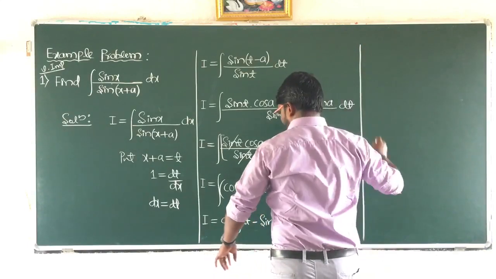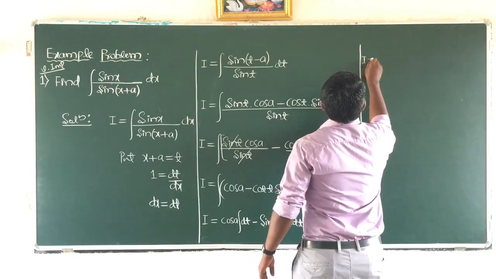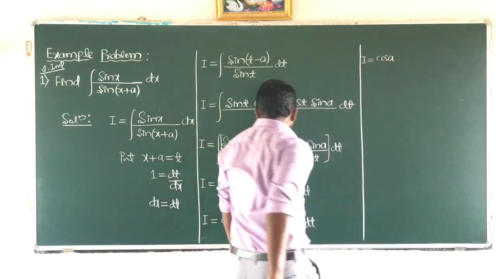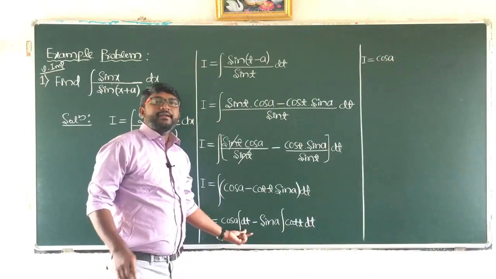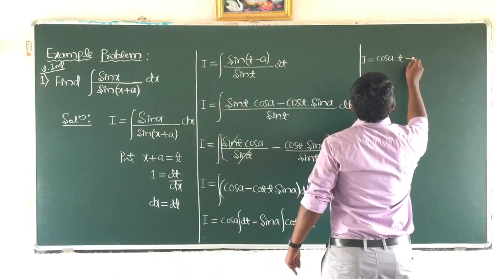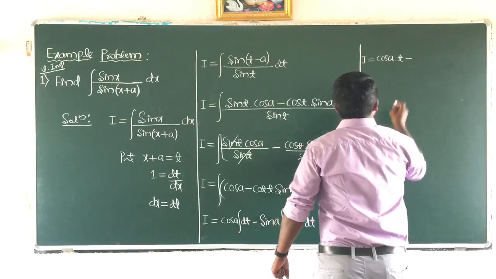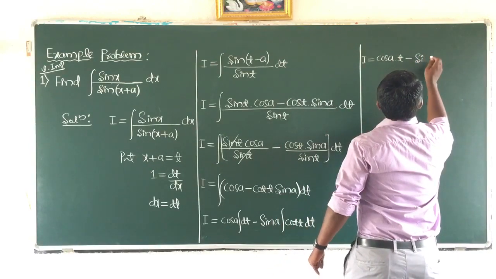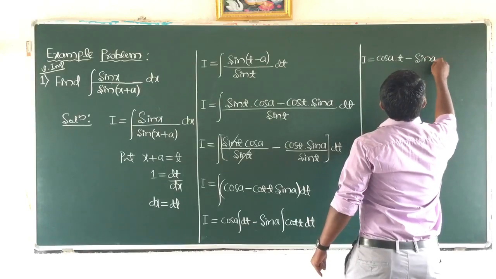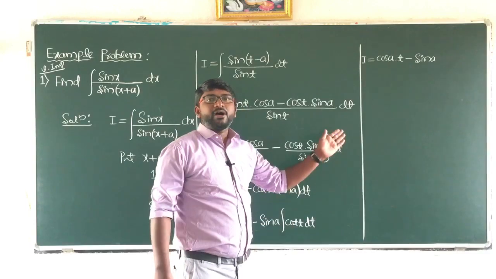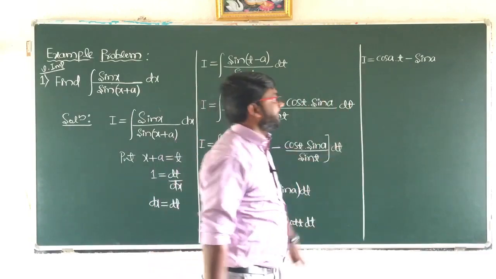Now I equals cos a, write it as it is, then what is the integral of dt? It is t. Then minus sin a as it is, then what is the integral of cot t? It is log mod sin t plus c.